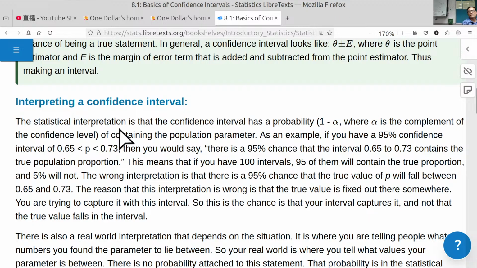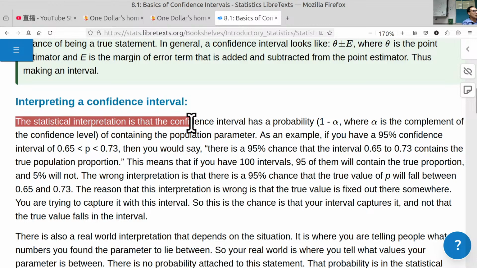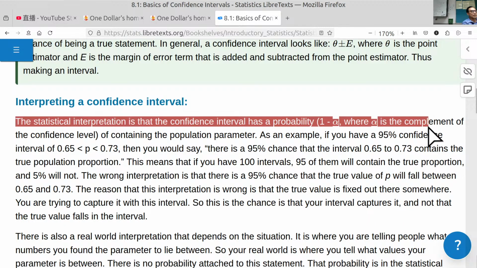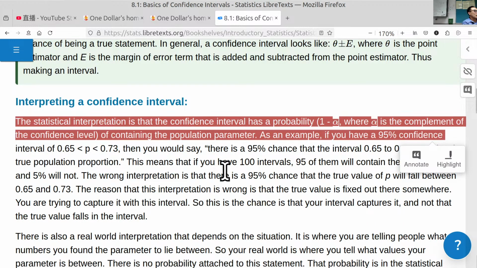Okay, interpreting a confidence interval. The statistical interpretation is that the confidence interval has a probability 1 minus alpha, where alpha is the complement of the confidence level, of containing the population parameter.